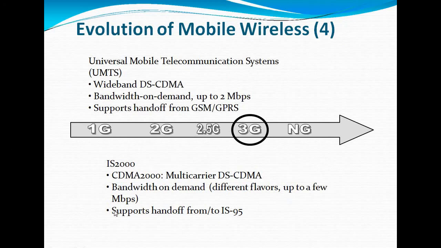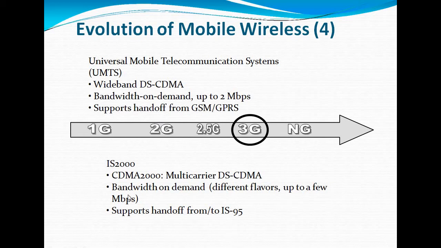So in third generation, it is UMTS, that is Universal Mobile Telecommunication System. It is a wideband DS-CDMA, with bandwidth on demand up to 2 Mbps. And this third generation supports handoff from GSM and GPRS.